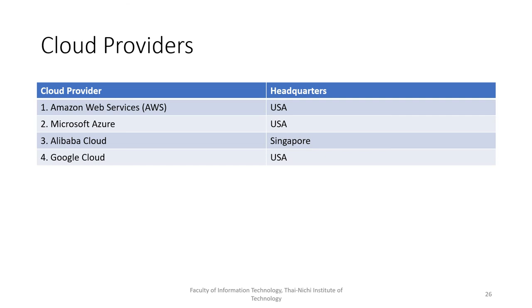Alibaba Cloud has been in the market for the last few years, and they have been improving to a greater extent outside of China, and they have become the number one cloud provider in Asia, and the third largest cloud provider in the whole world. And Google Cloud is the fourth one. These cloud providers are primarily used by many software business systems, and many people who avail the cloud systems.